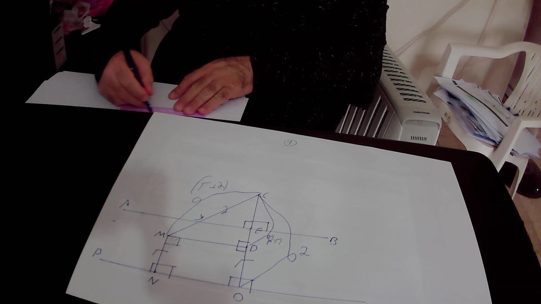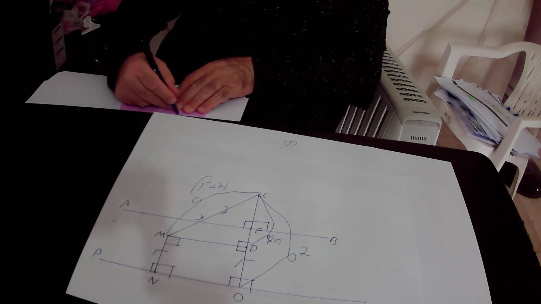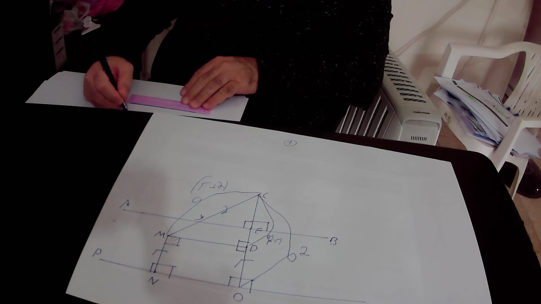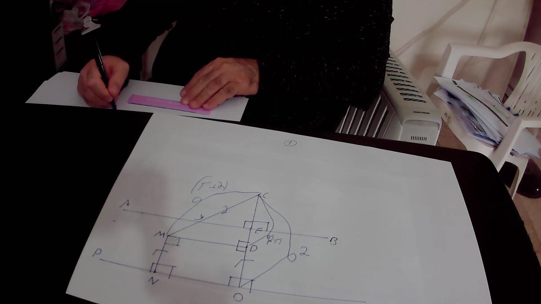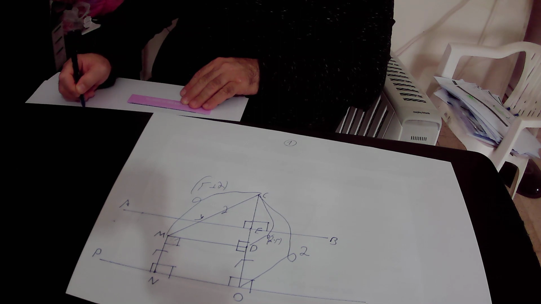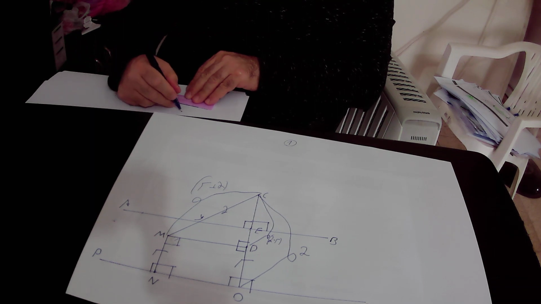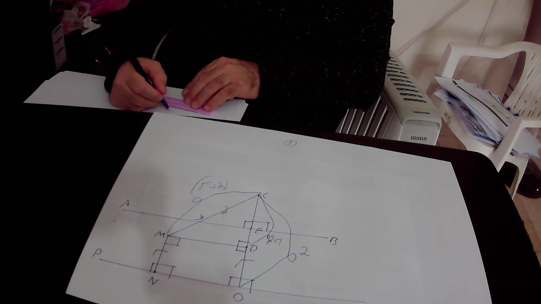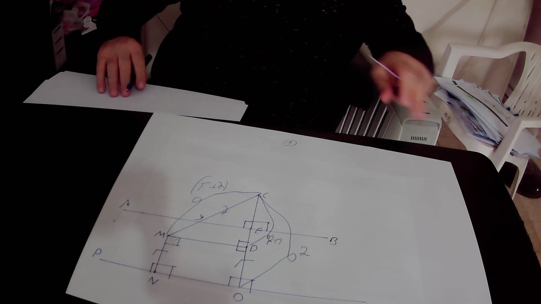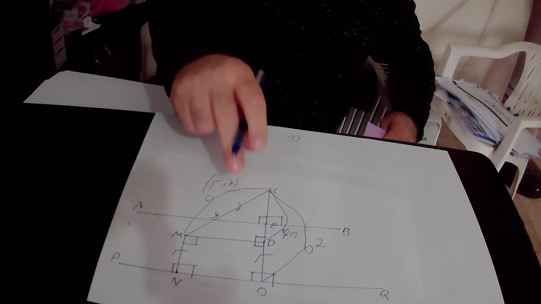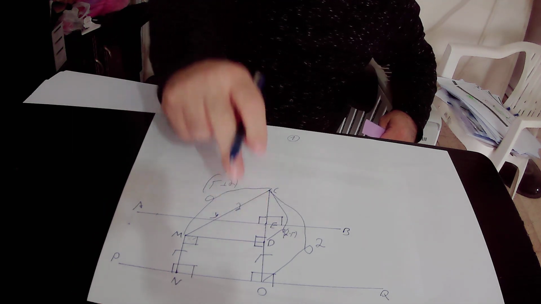According to the Pythagoras theorem, the square of the hypotenuse equals the sum of the squares of the perpendiculars. We will implement the Pythagoras theorem on the right triangle, triangle CDM.